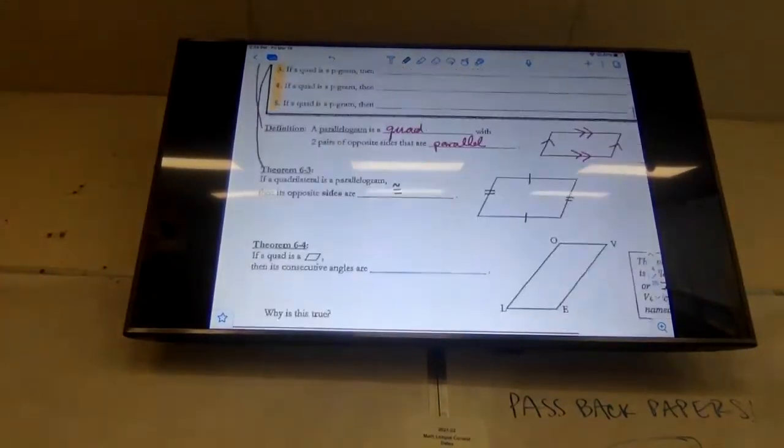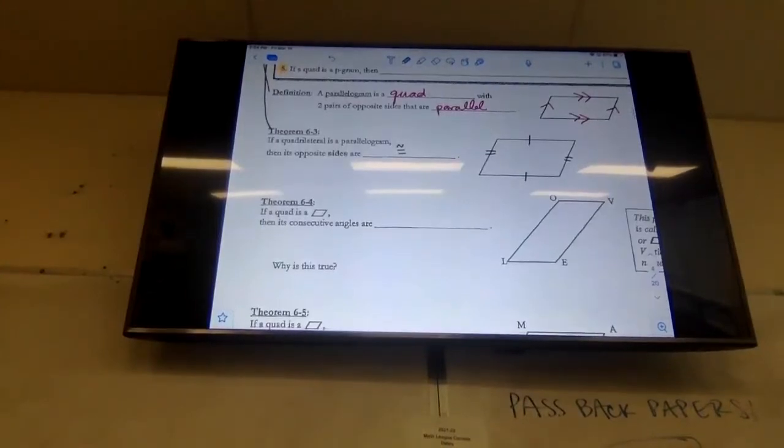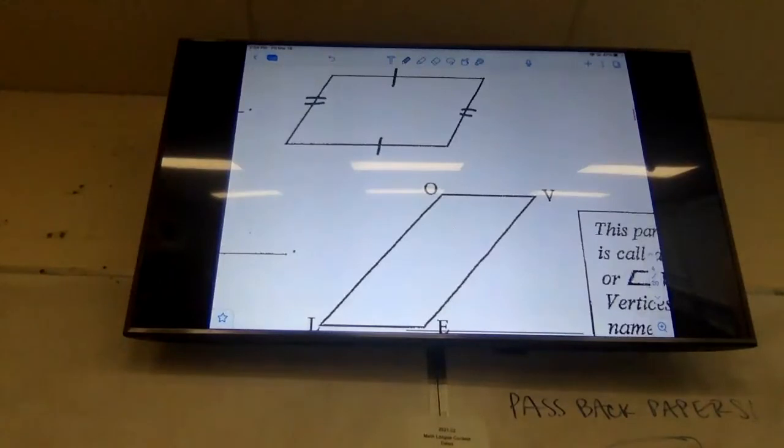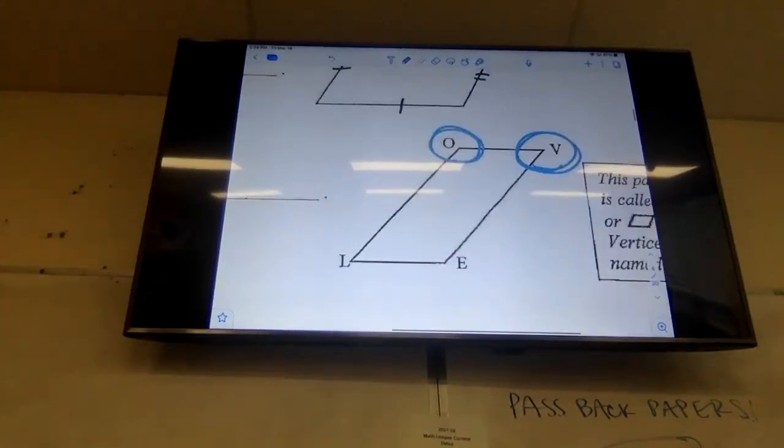Okay, now we're going to deal with angles. So if a quad is a parallelogram, then its consecutive angles are blank. Consecutive means right next to each other. Supplementary. The reason is if we have parallel lines that are cut by a transversal, like Alea, you said it all the way out, consecutive interior angles are supplementary.